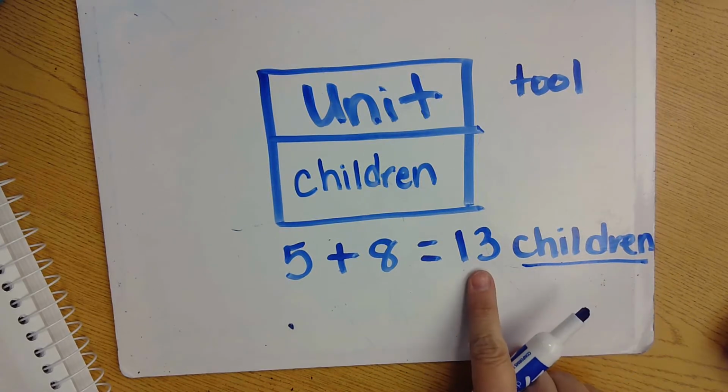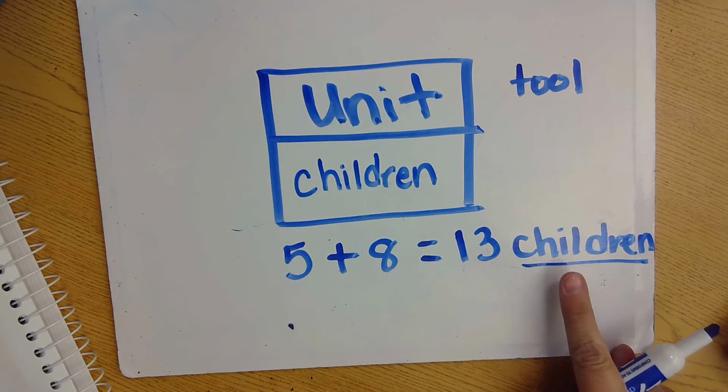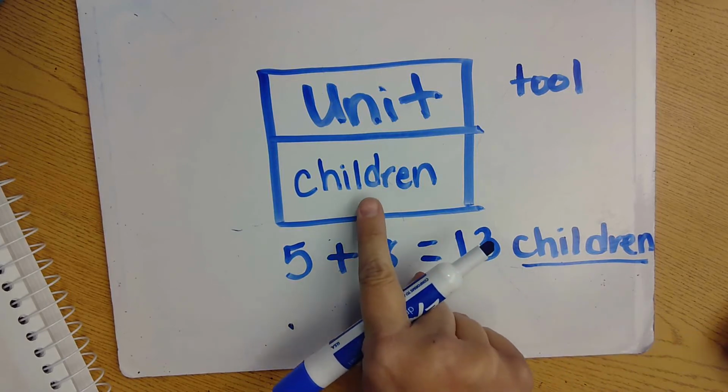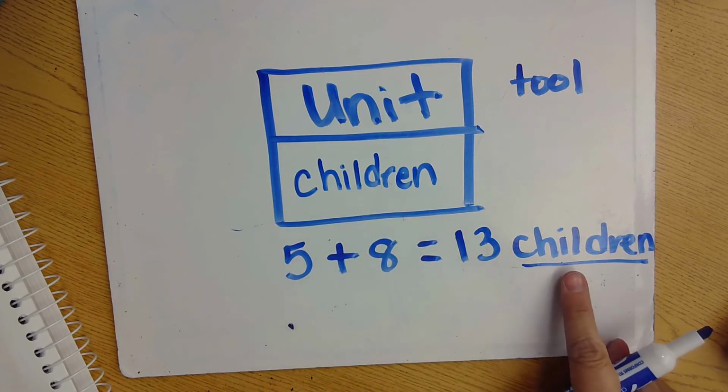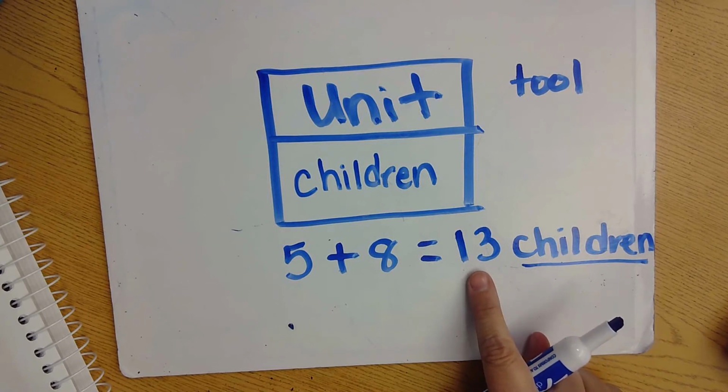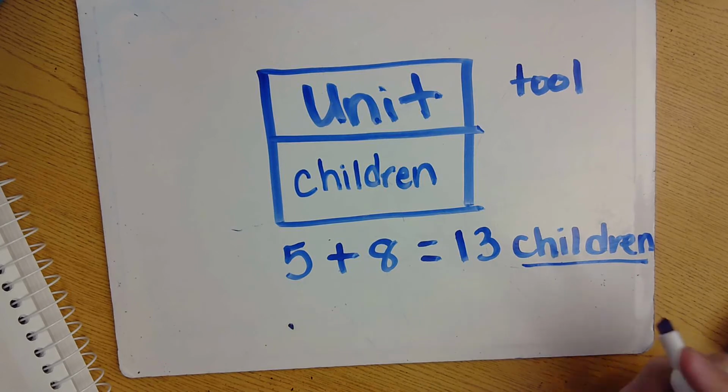When we write our answer to a number story, we want to also include a label, okay? So we need a word in the unit box, and we also need to include a label that comes along with our answer. 13 children.